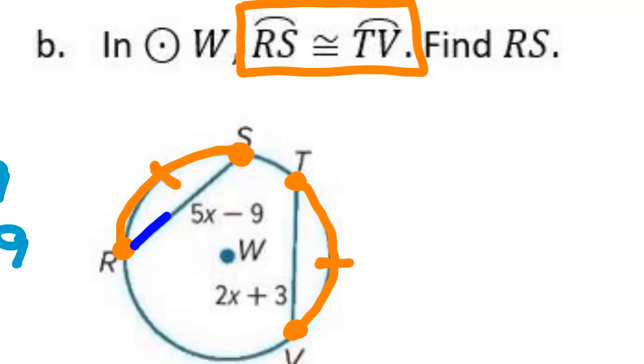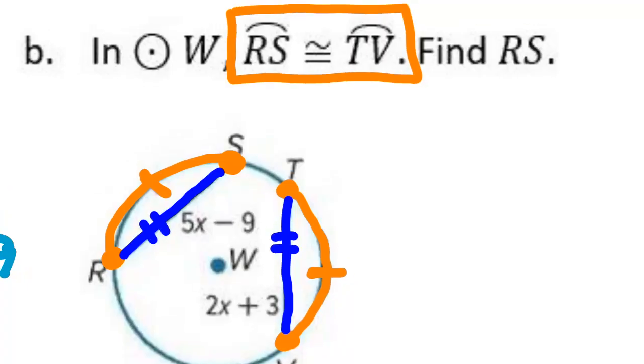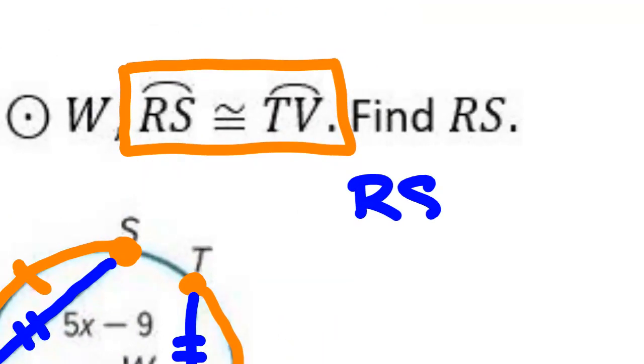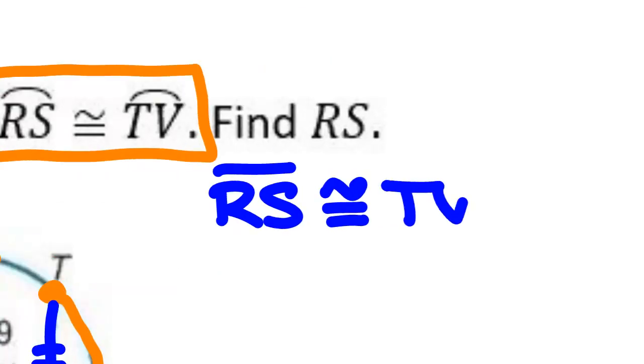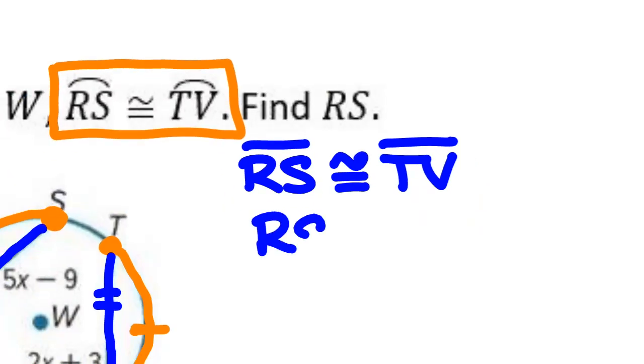So what does that mean about segments RS and TV? They are congruent, yes. Segment RS, which is a chord, is congruent to segment TV, which is also a chord. So the length of RS is equal to the length of TV.